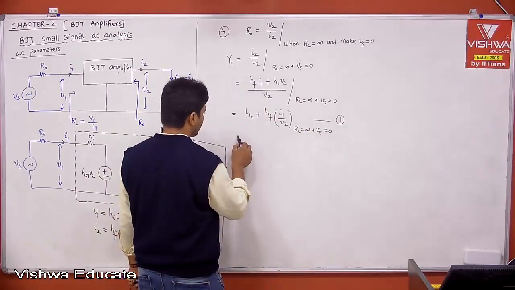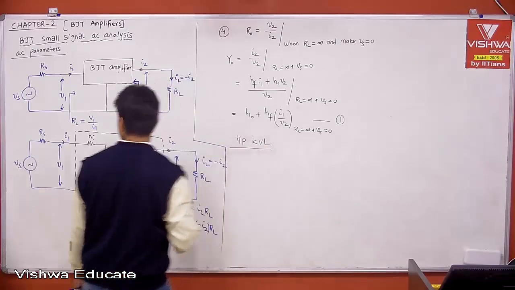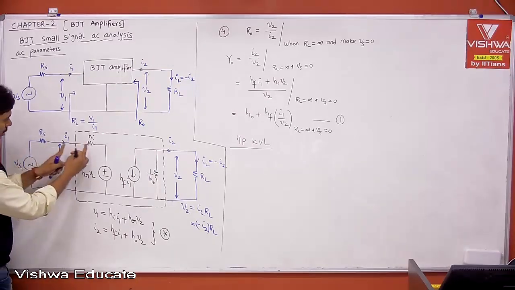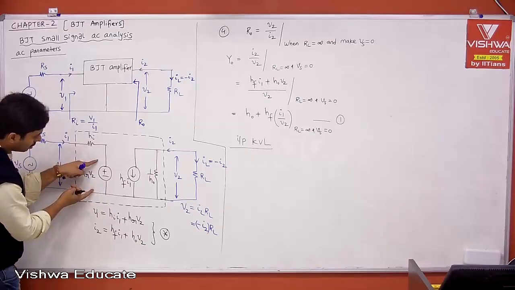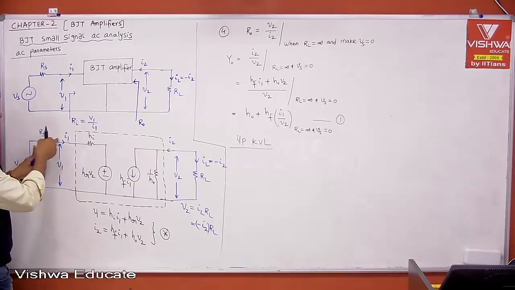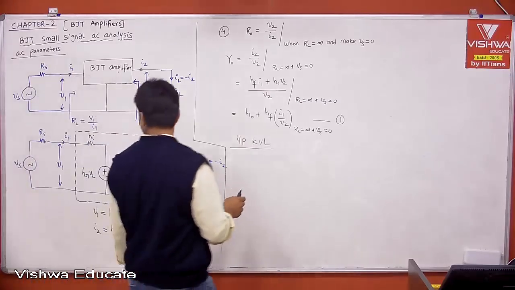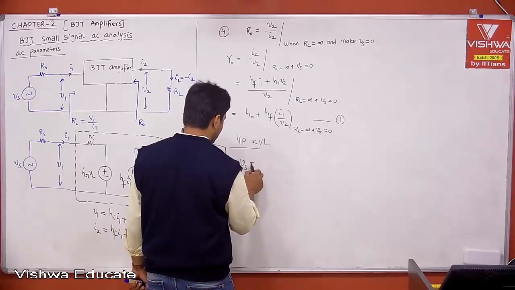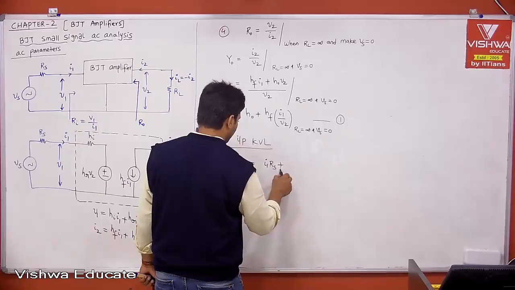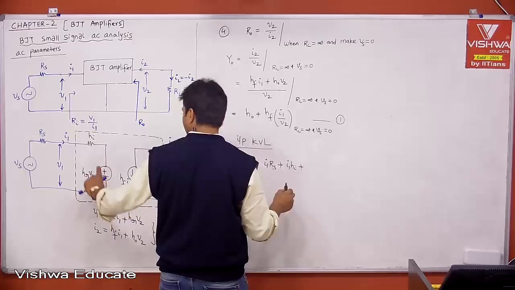Now, let us apply input KVL. What is input KVL? Vs is equal to the drop across Rs plus the drop across Hi plus the drop across the voltage source we have. The drop across Rs is I1 into Rs, plus I1 into Hi, plus Hr into V2.